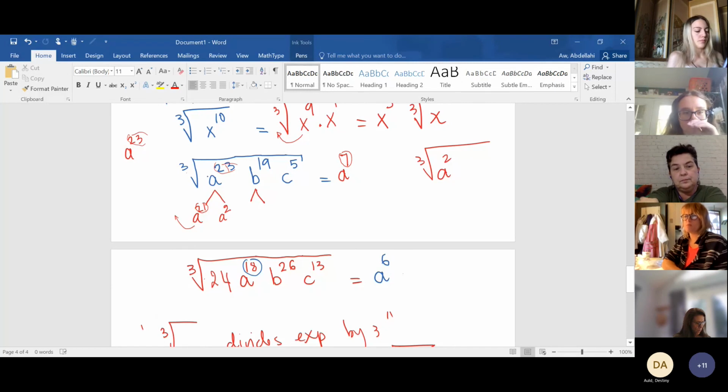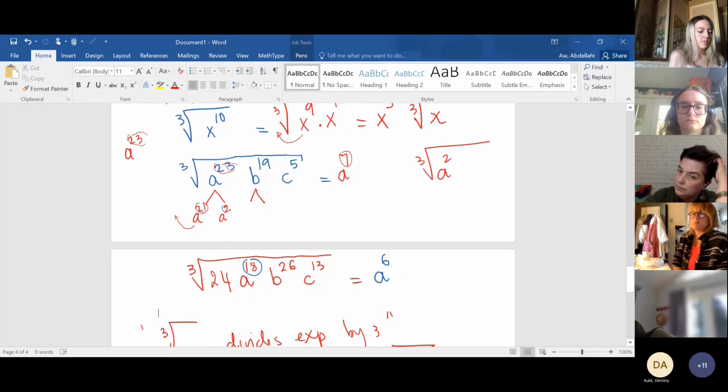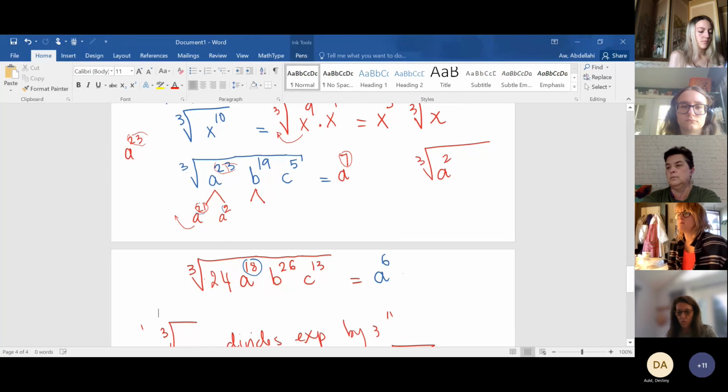So we break down 23 into two numbers, one that can be evenly divided by 3 and then some remainder, which is 21 and 2. Now the 21, since it can be evenly divided by 3, we can simplify completely. It simplifies into A to the 7th, but the 2 will remain inside the cube root.